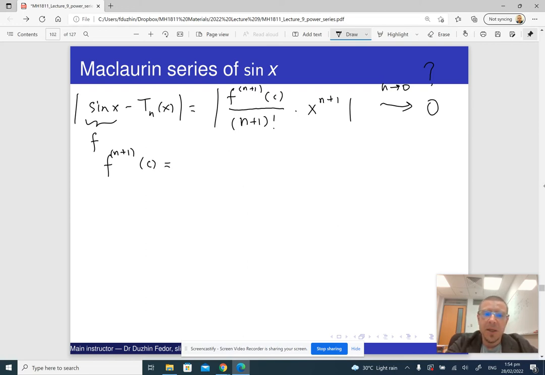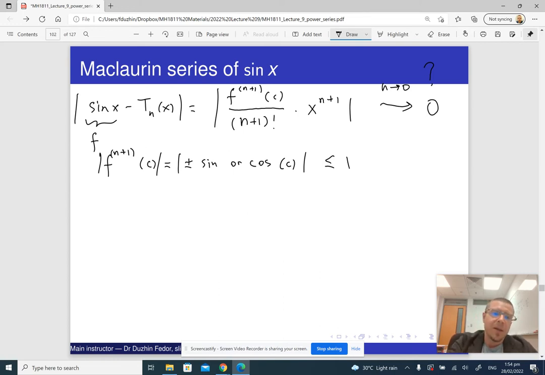Notice that this f to the n plus 1, the derivative of order n plus 1 at the point c, is in fact, since the derivative of every order of the sine is going to be either sine or cosine, so plus or minus sine or cosine evaluated at the point c. And of course, its absolute value, in any case, is going to be less than or equal to 1.